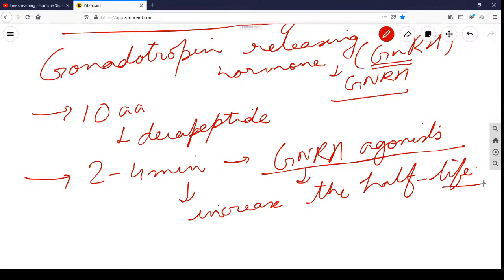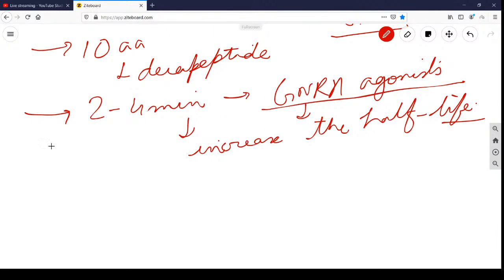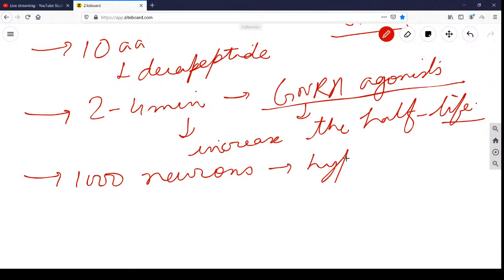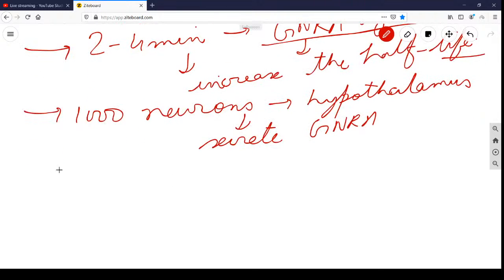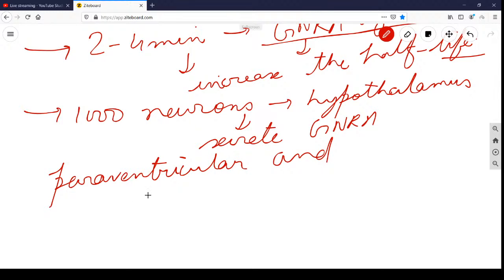And more than 1000 neurons within the hypothalamus secrete GNRH, mainly from the paraventricular and arcuate nuclei.